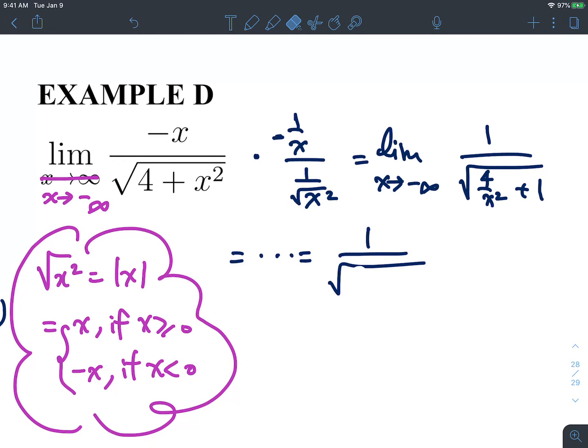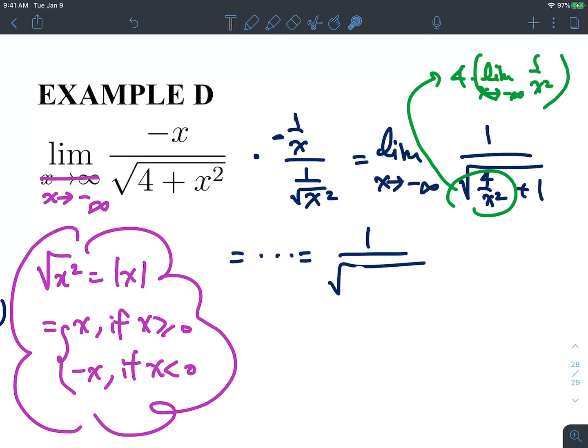So you should be viewing this part as 4 times the limit as x goes to negative infinity of 1 over x squared. When you have that, this is 0 times 4, right? So you're thinking of it as 4 times 0 plus 1. So that is 1. Yes, we're done. We could say that as x goes to negative infinity, y is approaching 1.